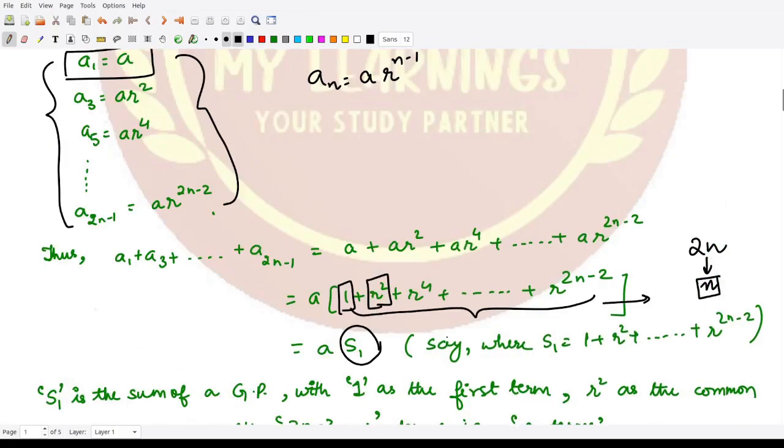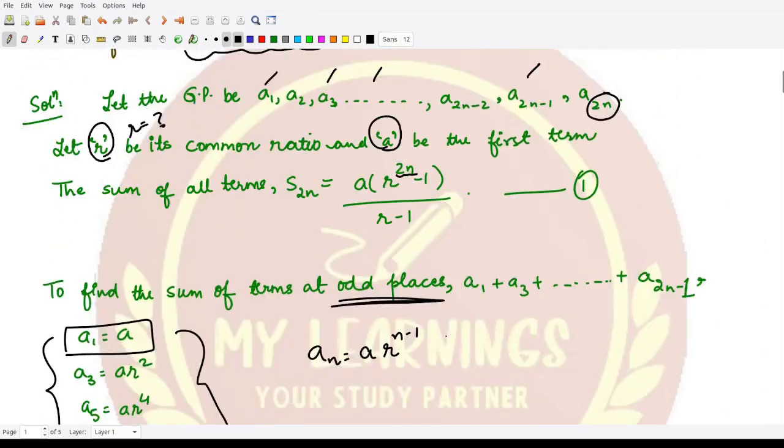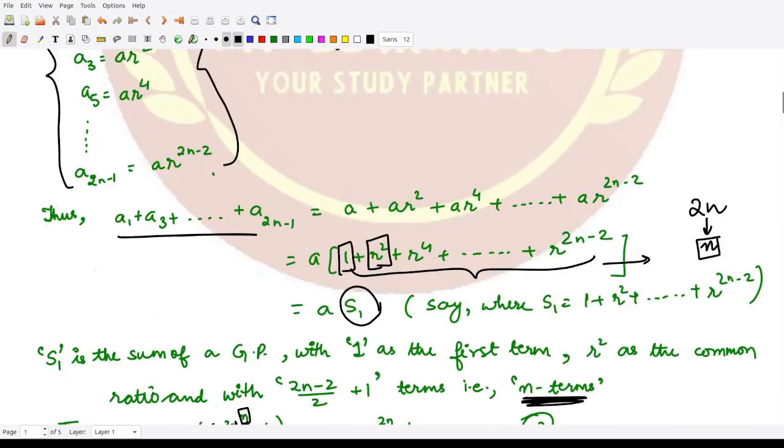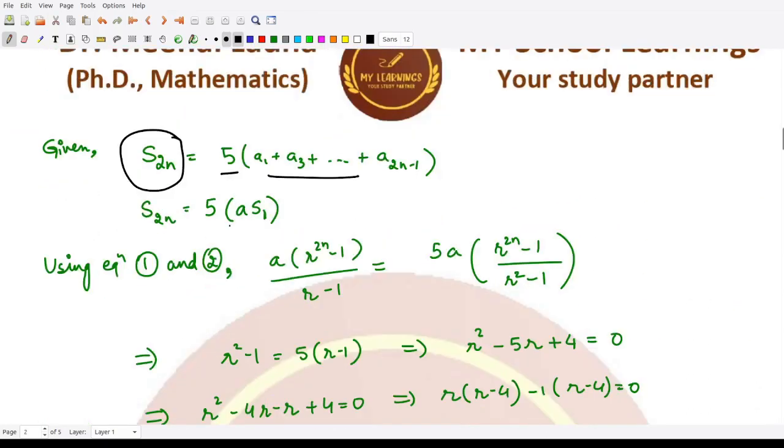Now using equation 1 and equation 2, we may write the condition that is given to us, that the sum of all the terms is equal to 5 times the sum of all the odd terms. And what is the sum of odd terms? We have calculated this sum to be equal to a times S1, right?